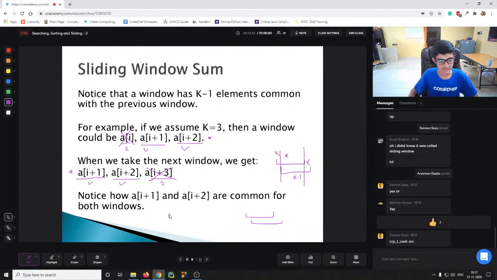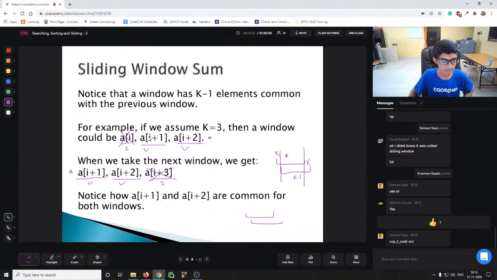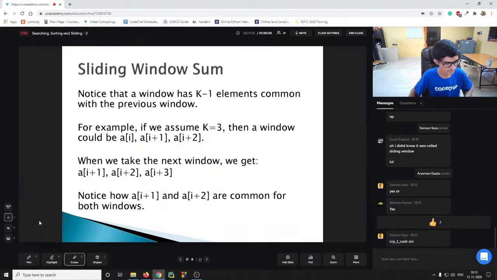So we are using the above observation to find this formula. So this formula is the sum of window 2. We don't know the sum of window 2, but we know the sum of window 1. Let me erase all this. So a of i, a of i plus 1, and a of i plus 2 is the first window.